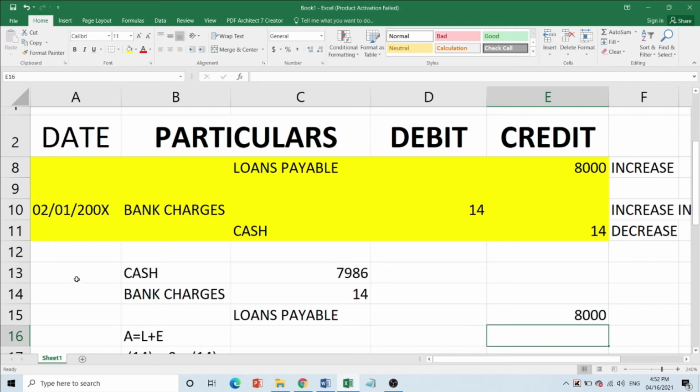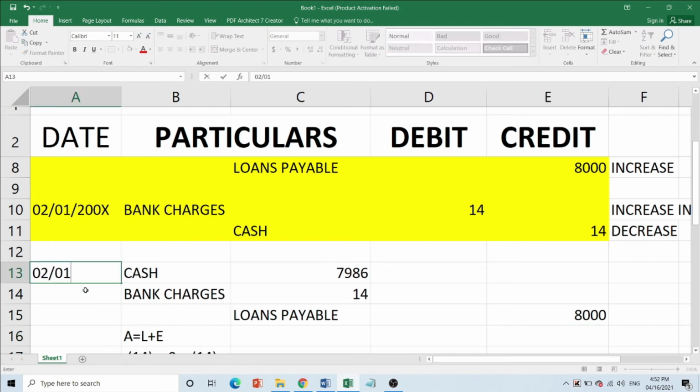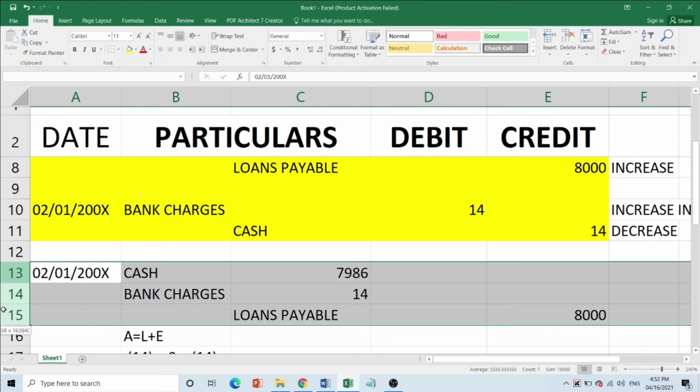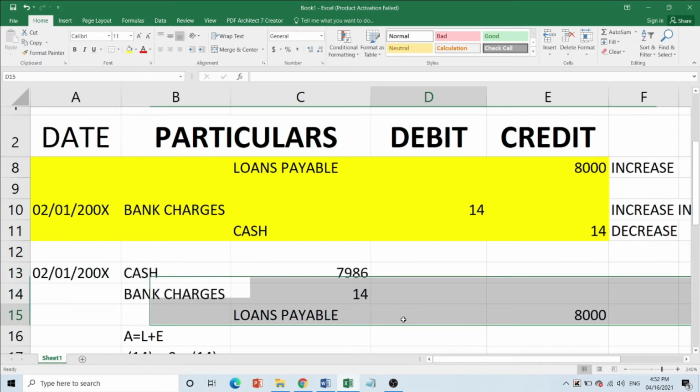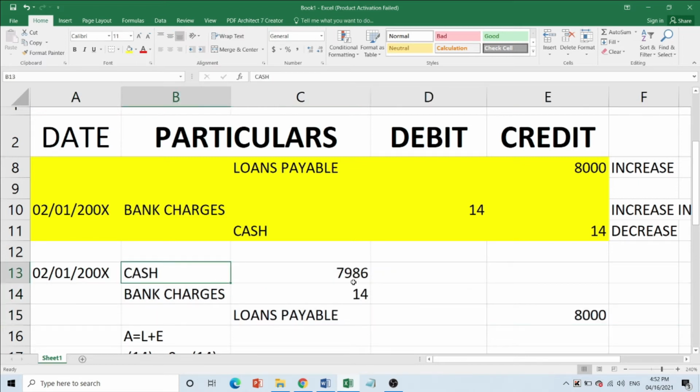Tingnan mo, compound entry mo for that particular period, 2000X. Kung gagamit ka po ng compound journal entry, ito po yun. 8,000 loans payable. Pero ang na-receive mo na lang na cash is 7,986 net na po yan ng bank charges na i-charge sa iyo ni bank since nag-borrow ka ng money sa kanila.